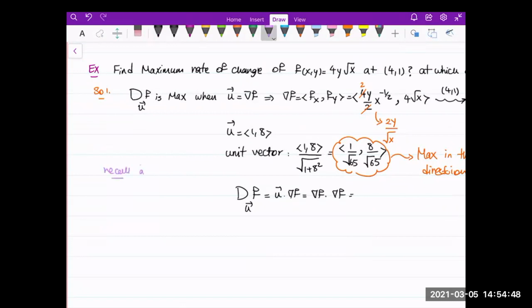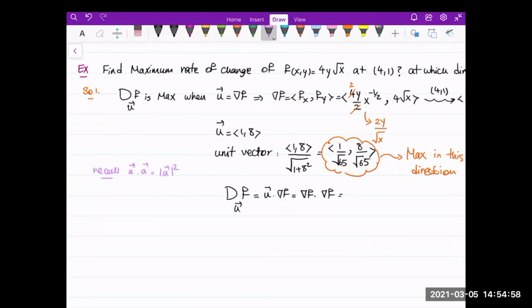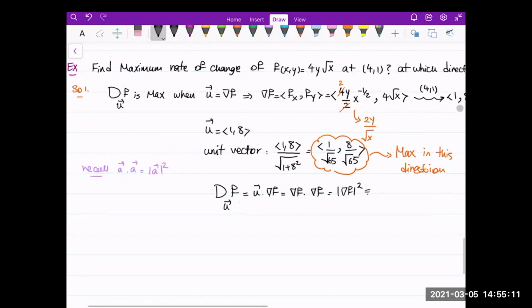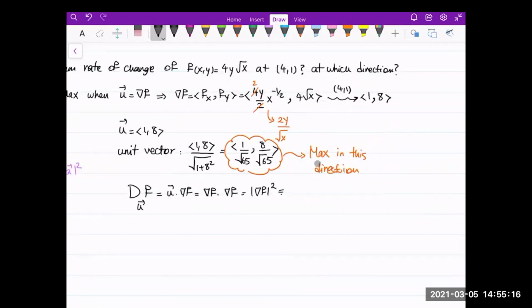If we have a vector a multiplied by itself with the dot product, it was the length of a squared. So it is the length of the gradient squared. The length of the gradient we calculated as square root of 65. So the square of that would be 65.